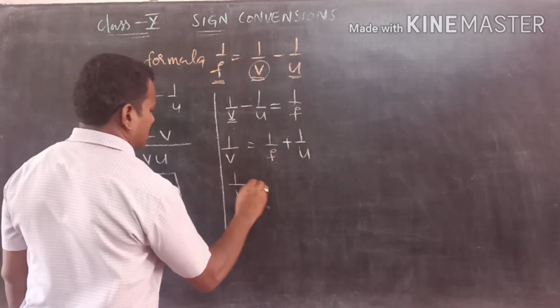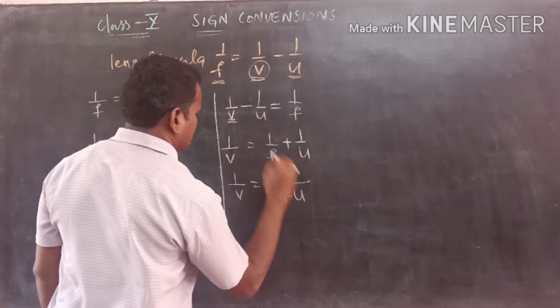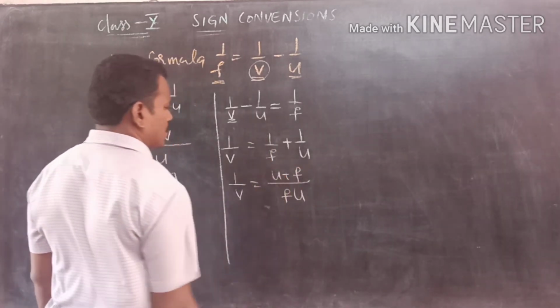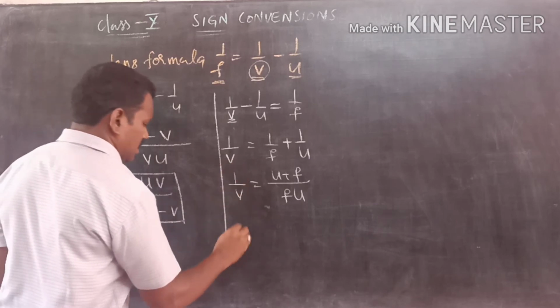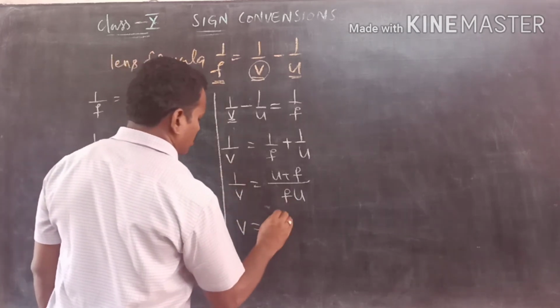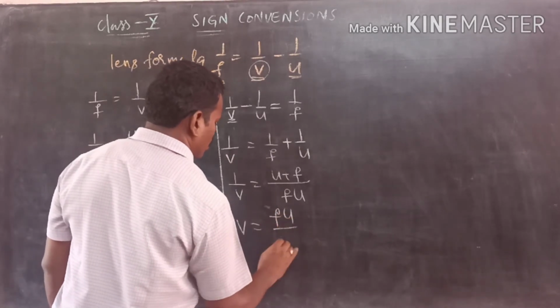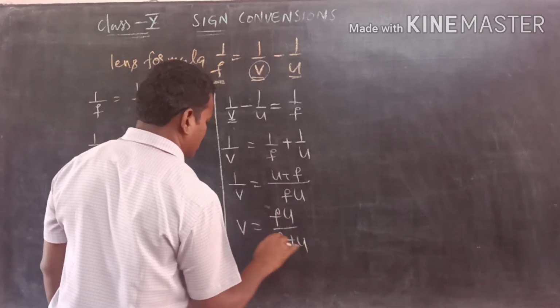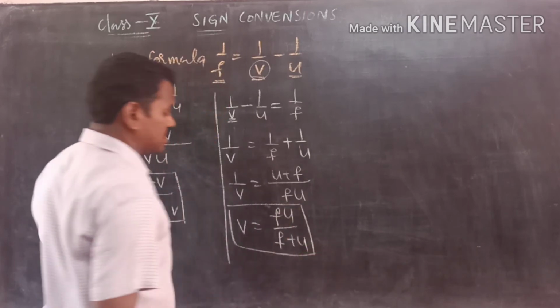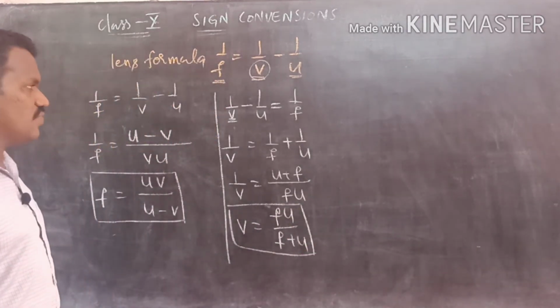Then by taking the LCM, it becomes fu. In the numerator it becomes u plus f. By taking the reverse, v is equal to fu by f plus u. This is the formula for image distance.